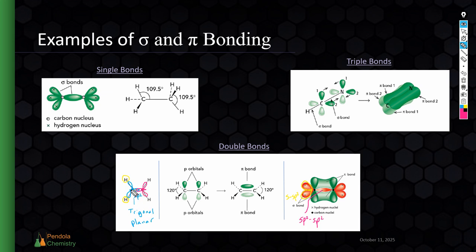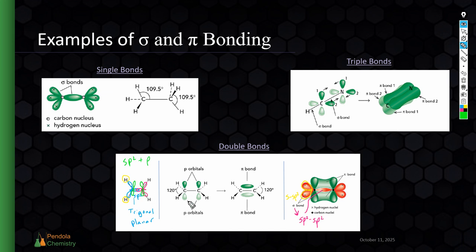But this is a double bond. That sp2 hybrid orbital overlap only accounts for the sigma bond that is created. But what about that second bond on the double bond? Well, that second bond comes from the fact that both of these carbons, because they're sp2 hybridized, also have a p orbital, because we didn't use all 3 p orbitals here, meaning this carbon has a p orbital, this carbon has a p orbital as well.